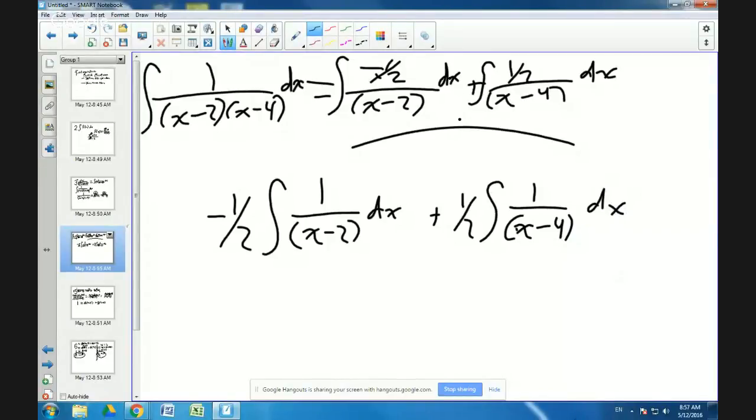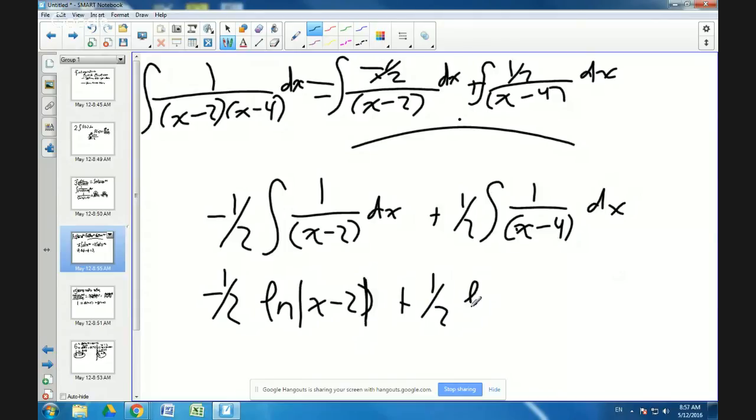Then when we integrate this, what we end up with is negative 1/2 ln absolute value of x minus 2 plus 1/2 ln absolute value of x minus 4 plus c. Do not forget the constant of integration.